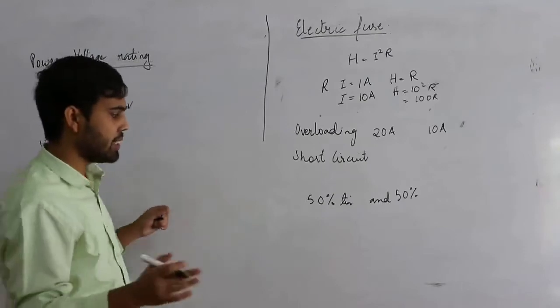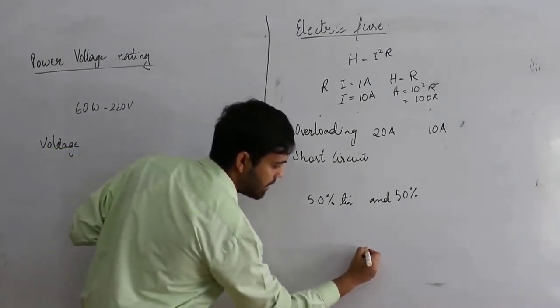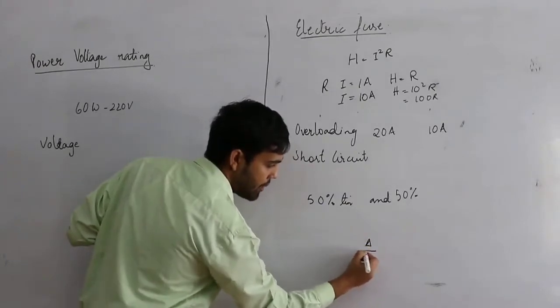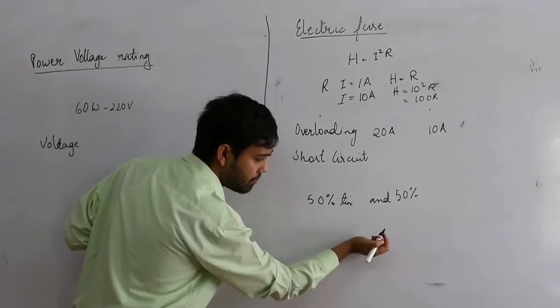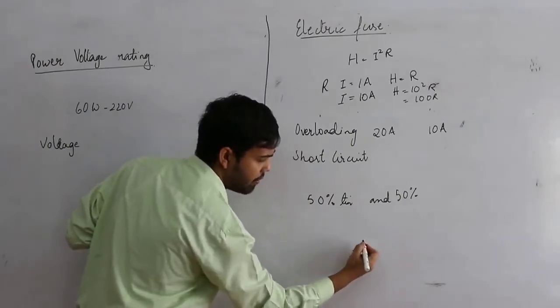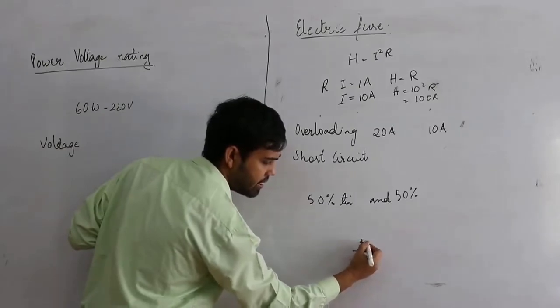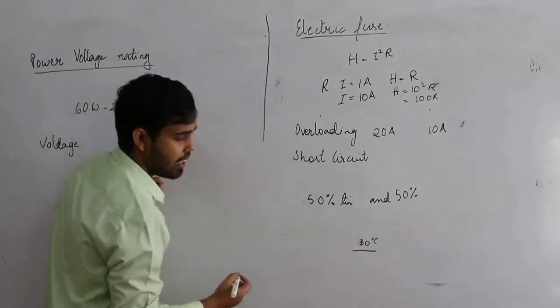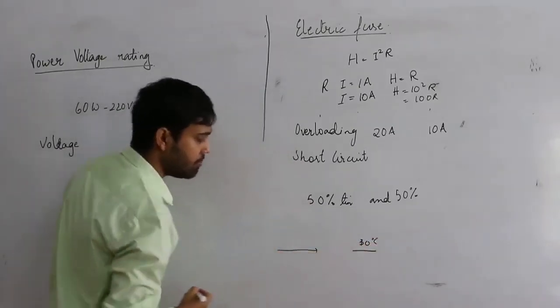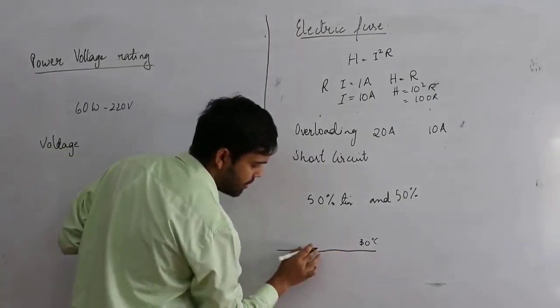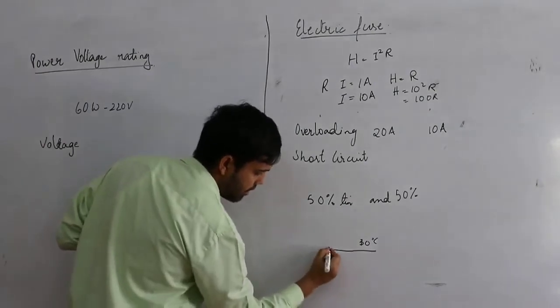Suppose I have an electronic device here which works at a heat of 30 degrees, and I have a flow of current. Here I have a fuse.